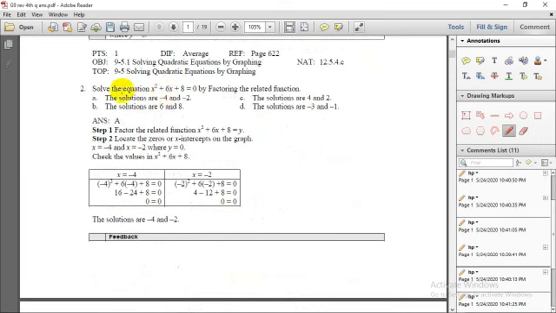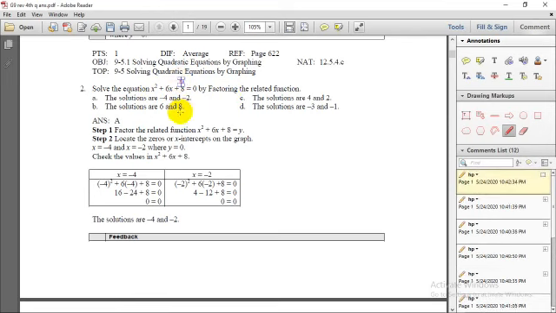Here I have: solve the equation x power 2 plus 6x plus 8 equals 0 by factorizing. Now I'm going to see what the factors of 8 are. 4 times 2.